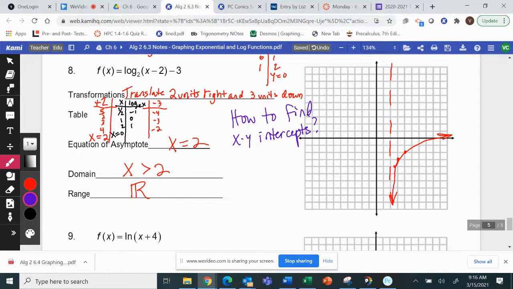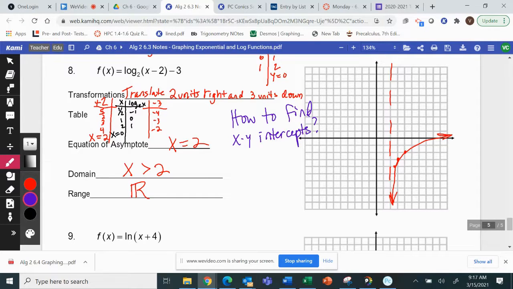Does anybody remember how to find either x or y intercepts? It's always the same for everything you do in math. Every time. I've been doing it since chapter 1. When you leave Algebra 2, you should always know how to find intercepts.